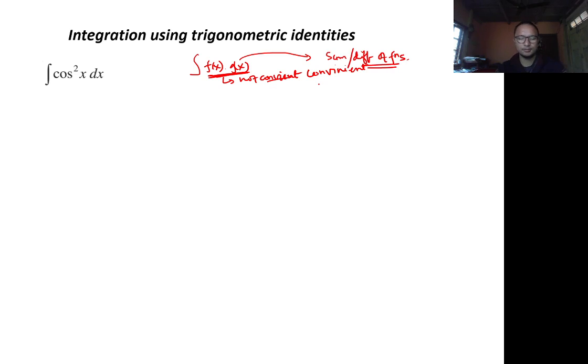Now see, cos square x is cos x into cos x, which is a product function. We want to convert it into a sum or difference of functions. In trigonometry we know the formula cos 2x is twice cos square x minus 1.